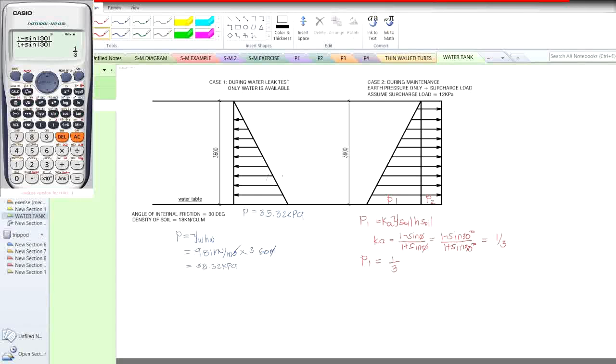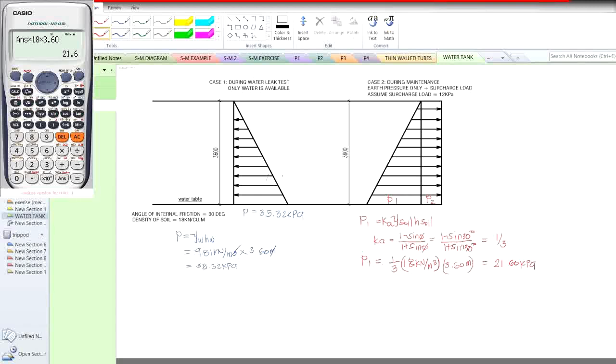So we're going to substitute into the formula 18 kilonewton per cubic meter multiplied by the height of the soil, which is 3.6 meter. Let's use our calculator. So it's 1/3 times 18 kilonewton times 3.6 meter. That's a total of 21.6 kilopascal. That's only for P1.